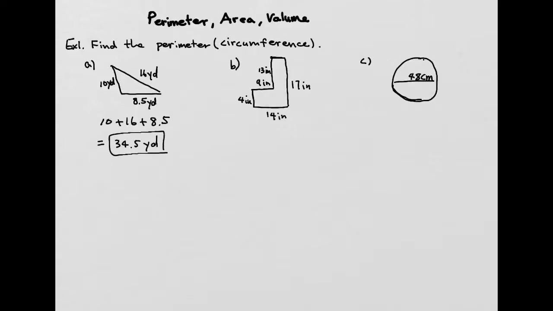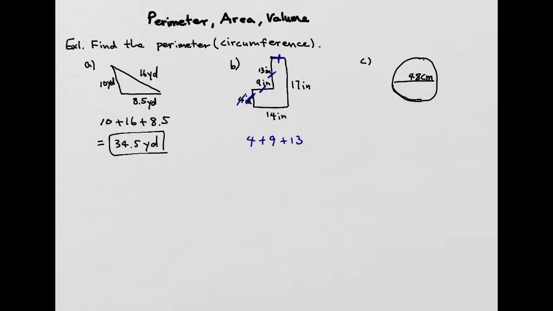Let's look at the second one. So we're adding all the sides. Here I want to make sure we start from one side and end all the way around. So I'm going to use 4, then 9, and then 13, and this side. And this side is not given, so you need to figure out its length.